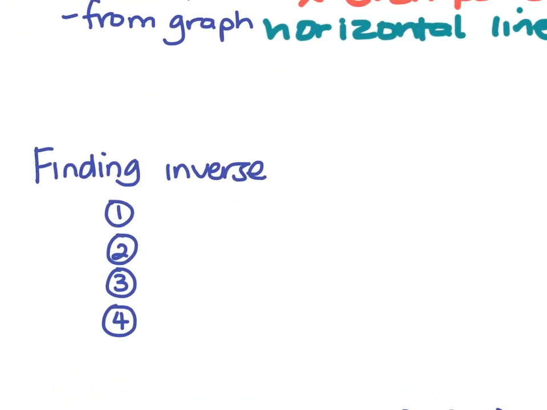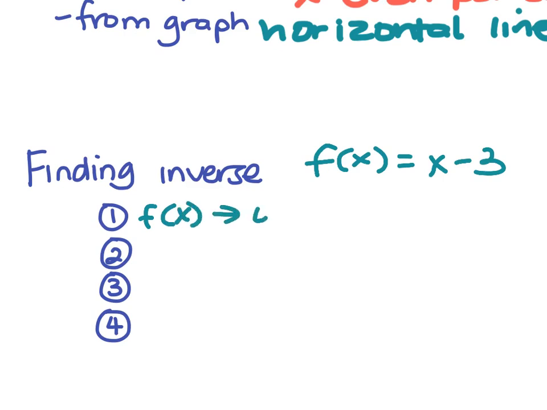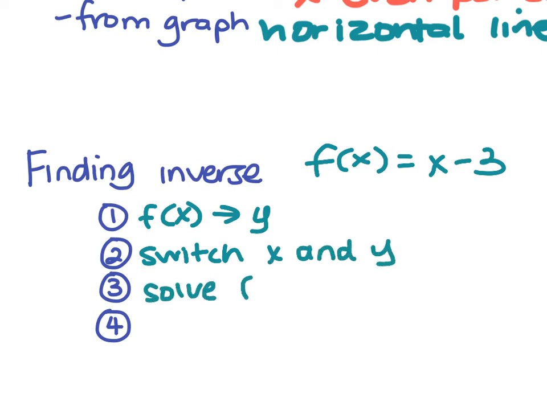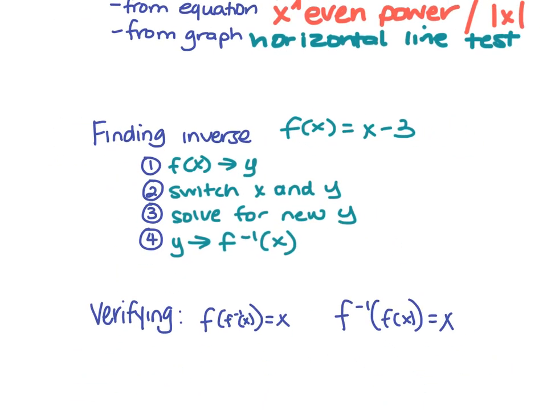Then to find the inverse, so if you're given something like f of x equals x minus 3, then the first thing we do is change f of x to be y. Then we switch the x and the y, solve for the new y, and change the y back to f negative 1 of x, showing that this is now the inverse.